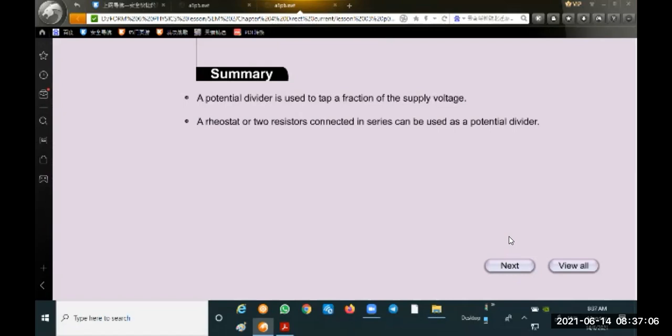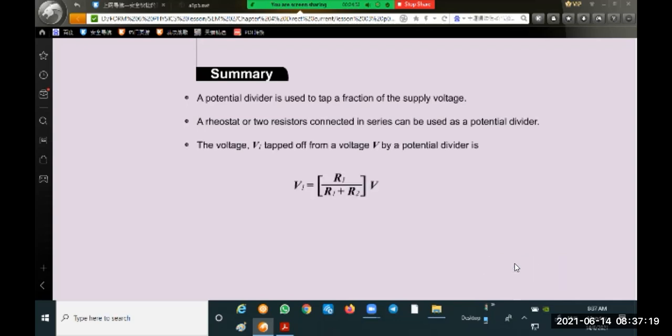Divider means divide the voltage according to the portion or according to the ratio of the resistance. And the voltage V1 tapped off from voltage V by the potential divider, we can use R1 over R1 plus R2 times the total voltage. Then we get V1. Same with V2: V2 equals R2 over R1 plus R2 times V.